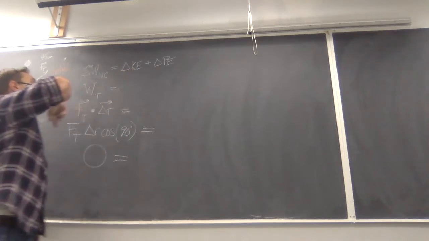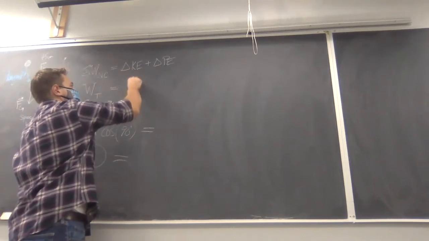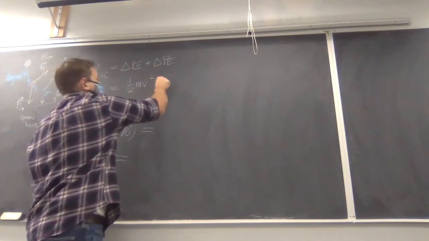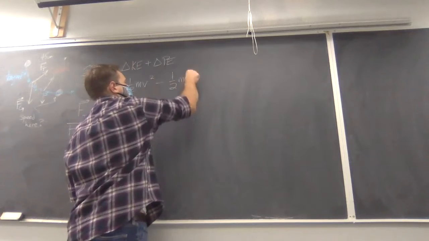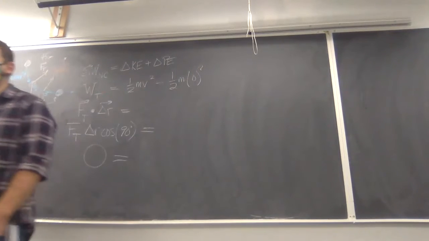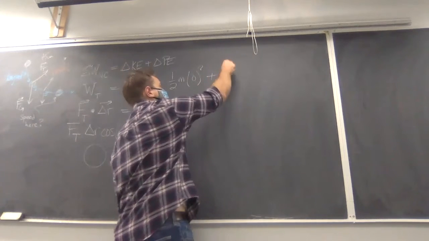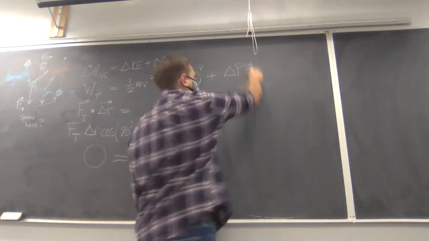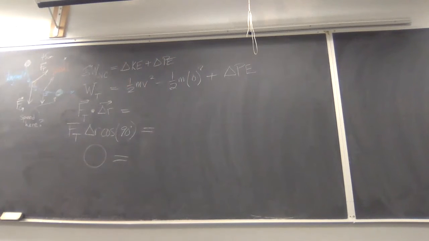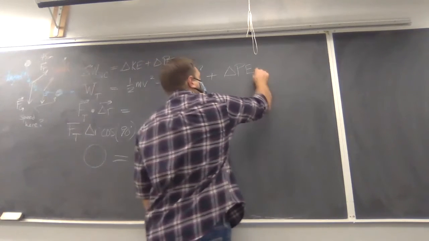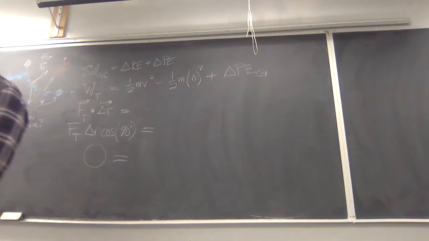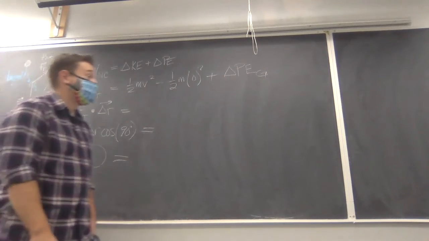The change in kinetic energy. We end with something, and we started with 0 because we released the keys from rest. I just need a way to talk about the change in the gravitational potential energy, and then I'm golden.